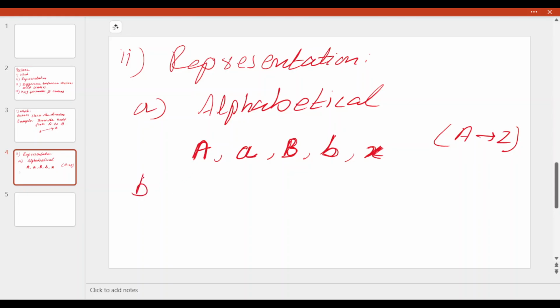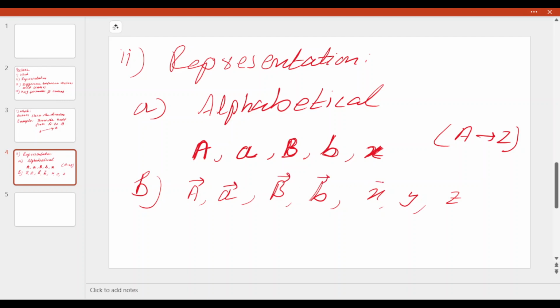So the next method is very convenient. What vector you are representing: A, small a, B, small b, X, Y, Z, whatsoever, we put an arrowhead above it.